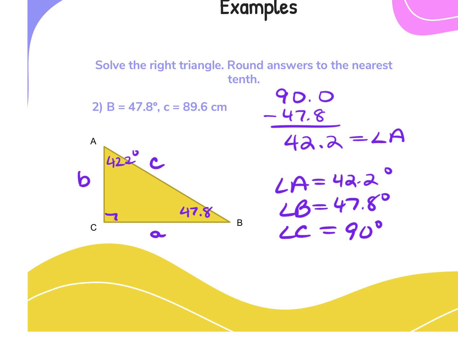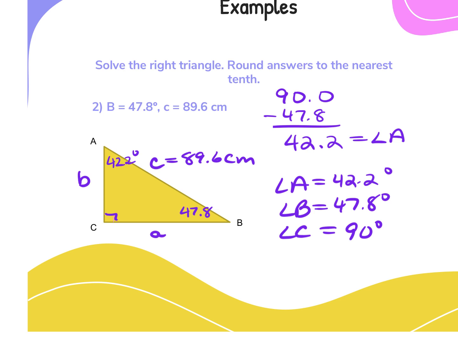Now I need to use my trig to find the missing side lengths. Now, they also gave me the hypotenuse, it was the 89.6 centimeters. Now remember, once you're done and you're finding side A and side B, if you're getting numbers greater than 89, then that's a clue you've done something wrong.